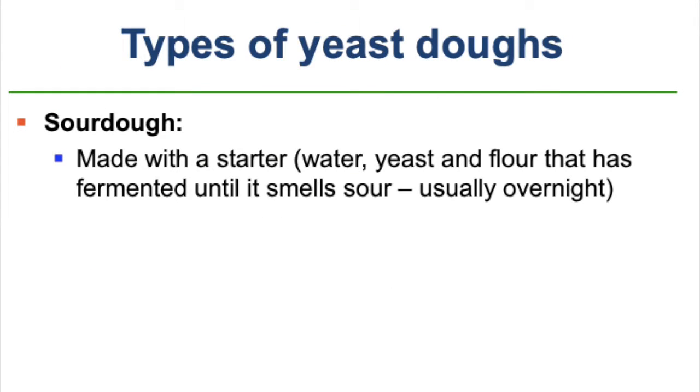Some other types of dough. Sourdough is made with a starter of water, yeast, and flour that has been fermented until it smells sour, and typically you just do this overnight to make sourdough.